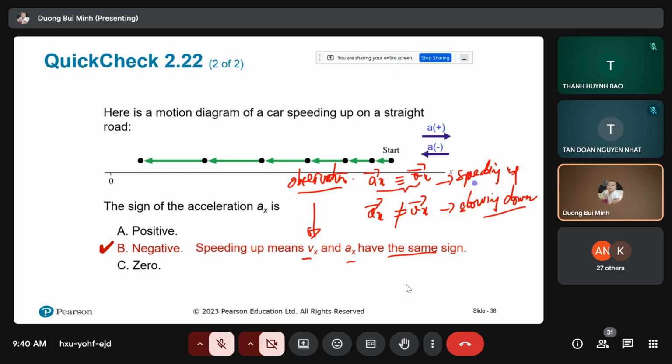So if Ax is similar to the direction of Vx, speeding up. If Ax is different from Vx, slowing down.